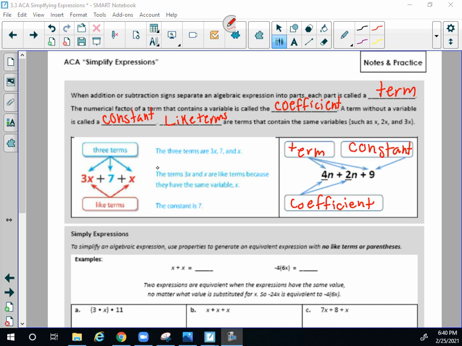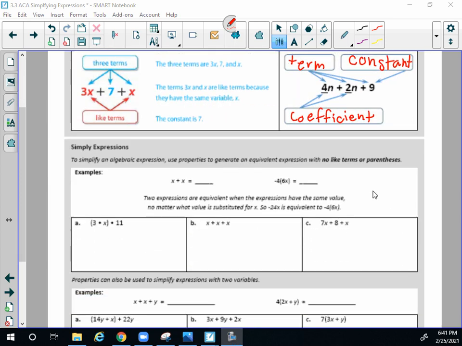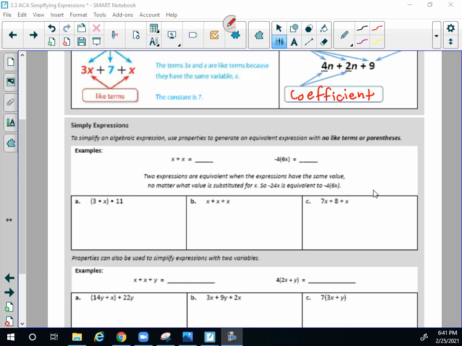And then if you look over here, it shows us that there are three different terms here. This one, both of the ones in red would be considered like terms because they have the same variable. 3x and 1x are like terms because they both have the variable x. So let's move down here and practice simplifying our expressions without models.